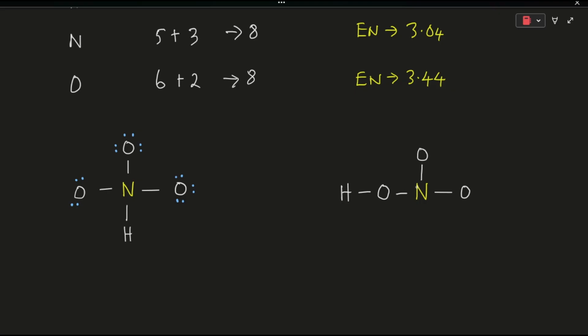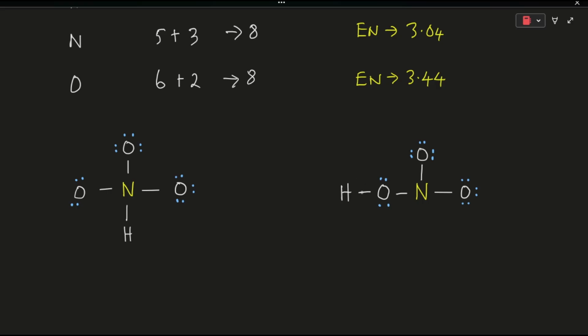So we would need to distribute 16 more electrons to make up for the 24 electrons that we are working with. So we're going to go ahead and distribute 16 extra electrons. So we have our 24 electrons all distributed.